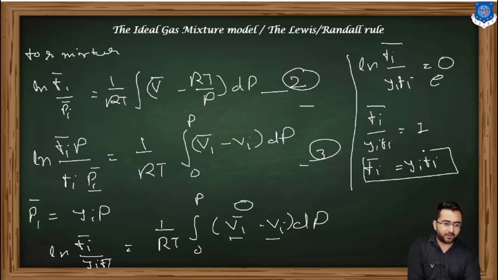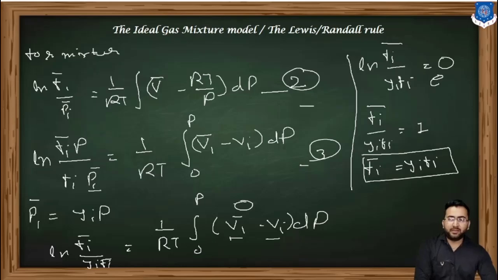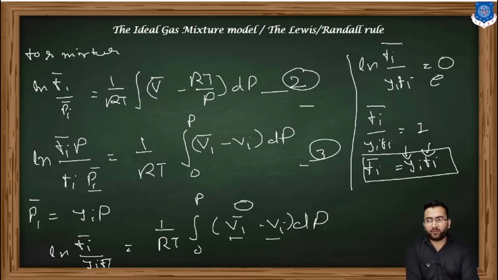So this is our ideal solution model, or we can say the Lewis-Randall rule, which states that the fugacity of each component in an ideal solution is the product of mole fraction and the fugacity of the pure component at the same temperature and pressure.